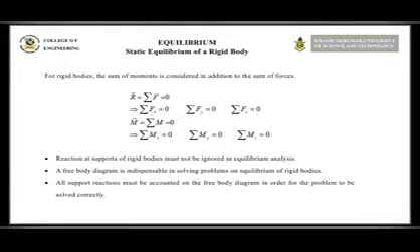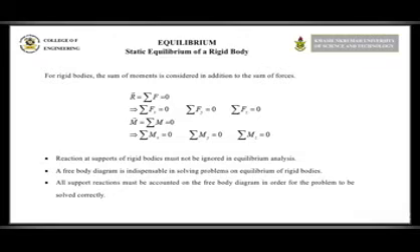Below is a summary of the necessary steps to follow in solving equilibrium problems. Reactions at supports of rigid bodies must not be ignored in equilibrium analysis. A free body diagram is indispensable in solving problems on equilibrium of rigid bodies.